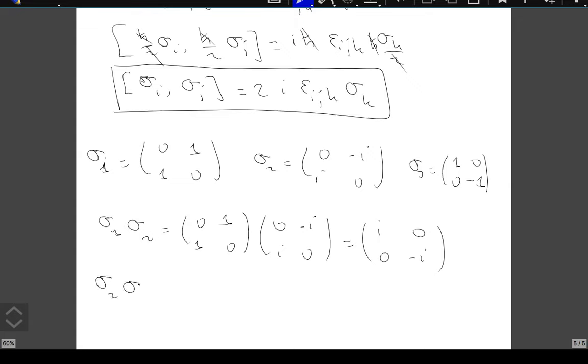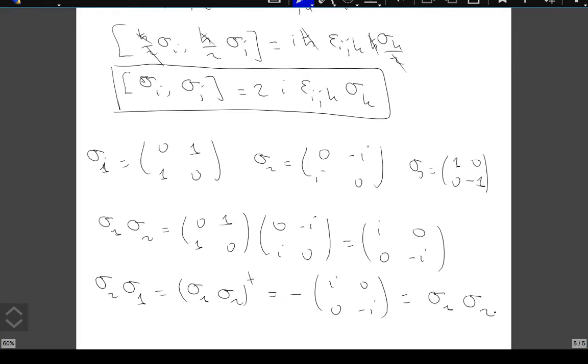Well, sigma 2, sigma 1, this is nothing but sigma 1, sigma 2 dagger. This is nothing but minus the matrix I, 0, 0, minus I, or minus sigma 1, sigma 2.